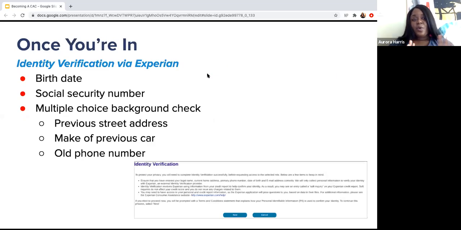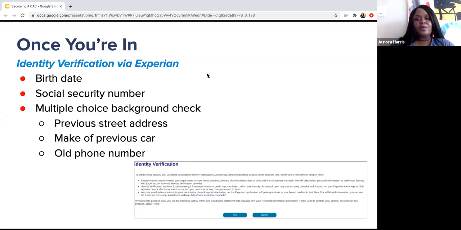Once you're in, you are gonna have to do an identity verification via Experian. It's not gonna pull your credit or anything like that. But you will have to verify your identity. And to do that, you'll need to put in your birth date, your social security number, and then there's like a multiple choice background check. I don't know if you all have this experience, but it asks you, what was your previous street address?